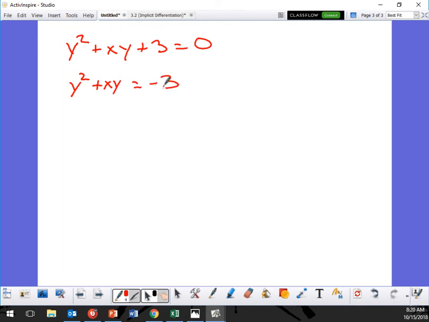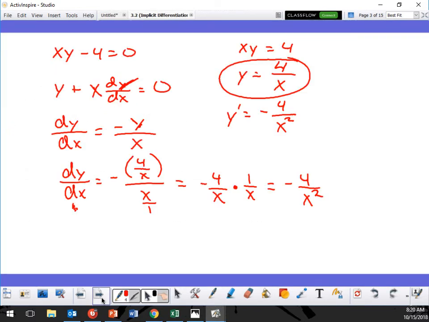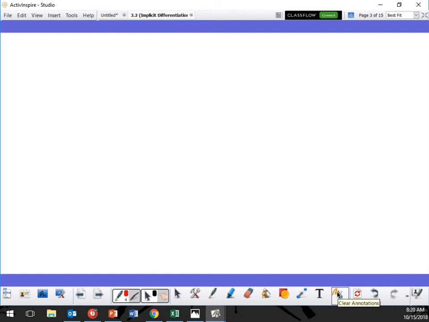You could try to factor out a y, but you're still going to have y quantity y plus x equals negative 3. So you're not going to get the y by itself. Rarely are you going to be able to actually get the y by itself. So that's why you have to do implicit differentiation. And when you get into chapter 4, you're going to have 3 or 4 different variables that you're going to have to account for. But when we get to that, you'll be like, oh, it's not that bad.